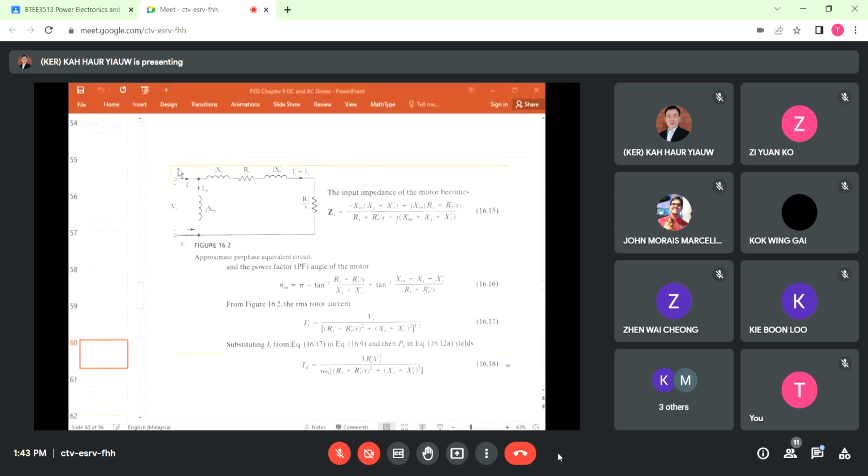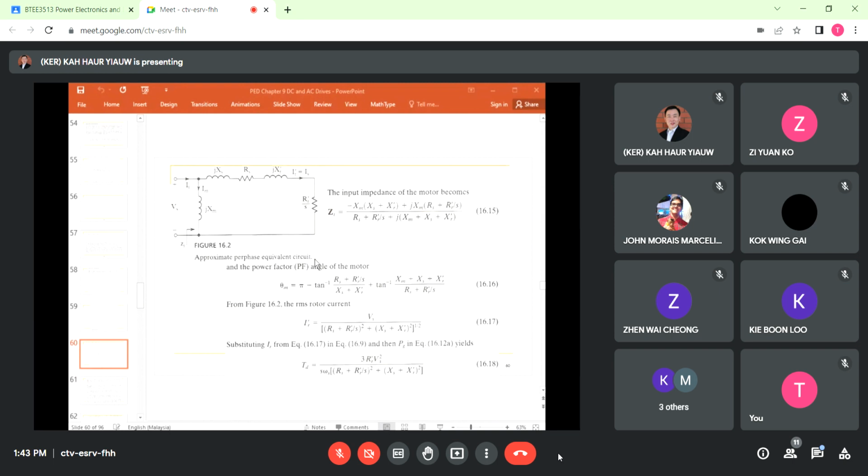This is the circuit here. So initially it was in here. If we remove the Rm, and this value is much smaller compared to the rest, the Xm can be shifted in front to place it here.